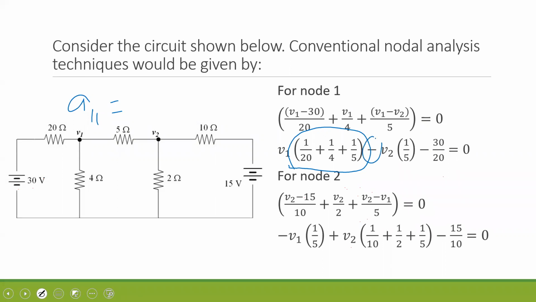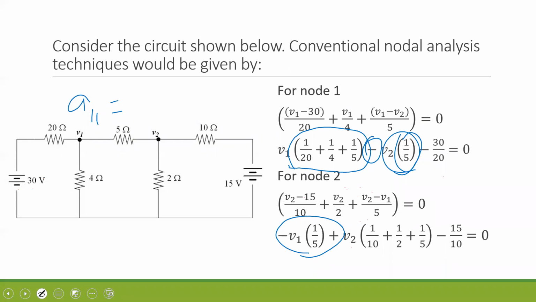So we have minus 1 over 5. And of course, if it is between 1 and 2, it is also between 2 and 1. So, students, the matrix that you form must be symmetrical about the leading diagonal. The only time it will not be symmetrical is when you have a dependent source involved. But as I said, we muddied the water just now with dependent sources.